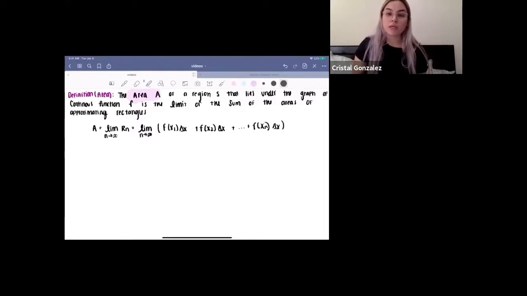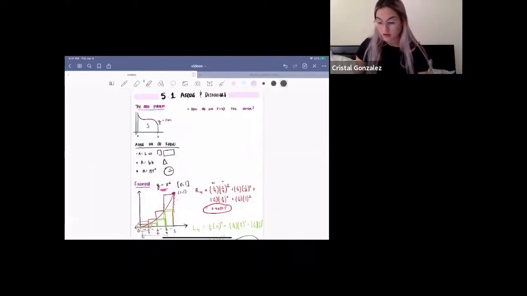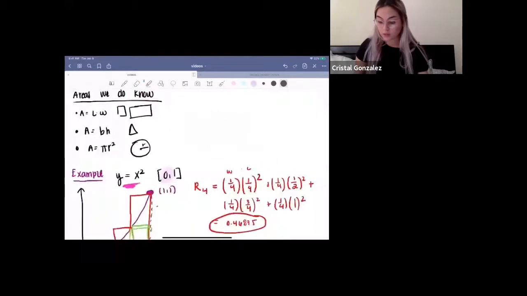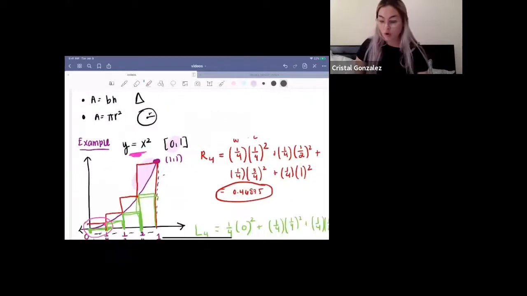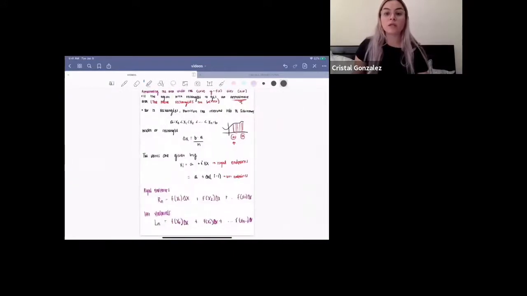But we already saw that when we cut the function into rectangles, we run into this problem where we begin to overestimate or underestimate the areas. So we run into this error.